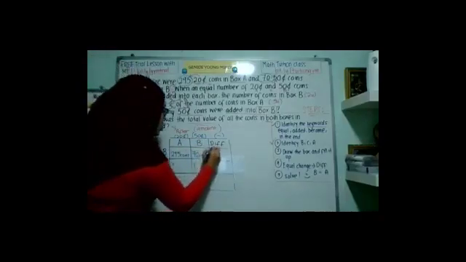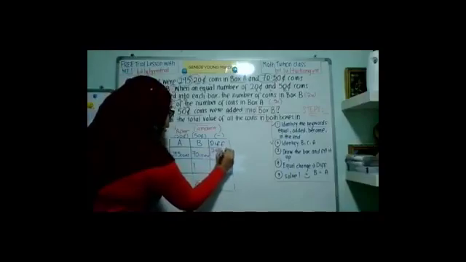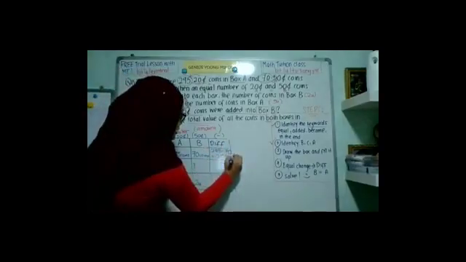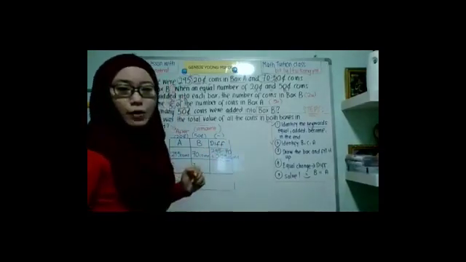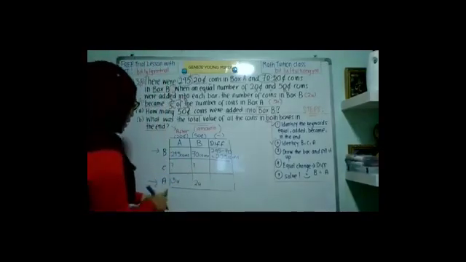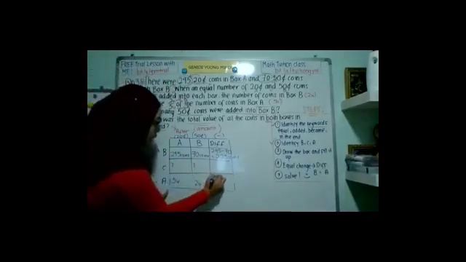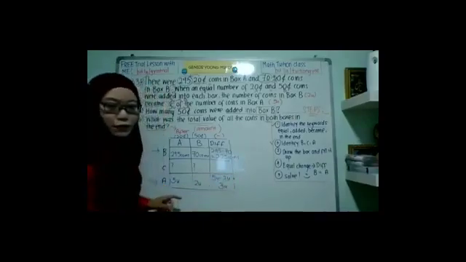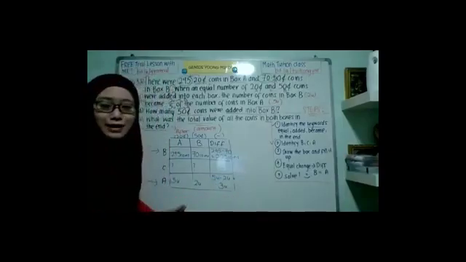So I take 295 minus 70, that will give me 225 coins. There's a difference in the number of coins, right? Now, if I take my 5 units minus my 2 units, this will give me 3 units. There's a difference in the number of units here.